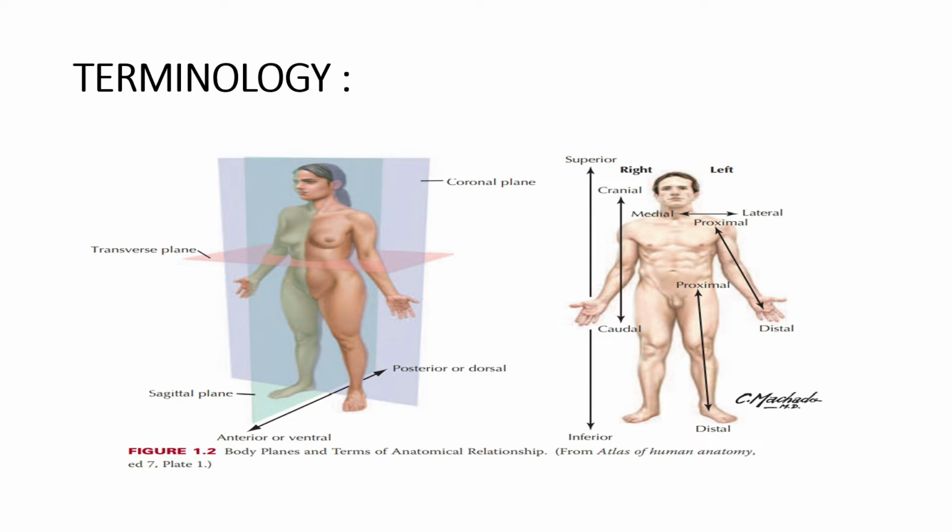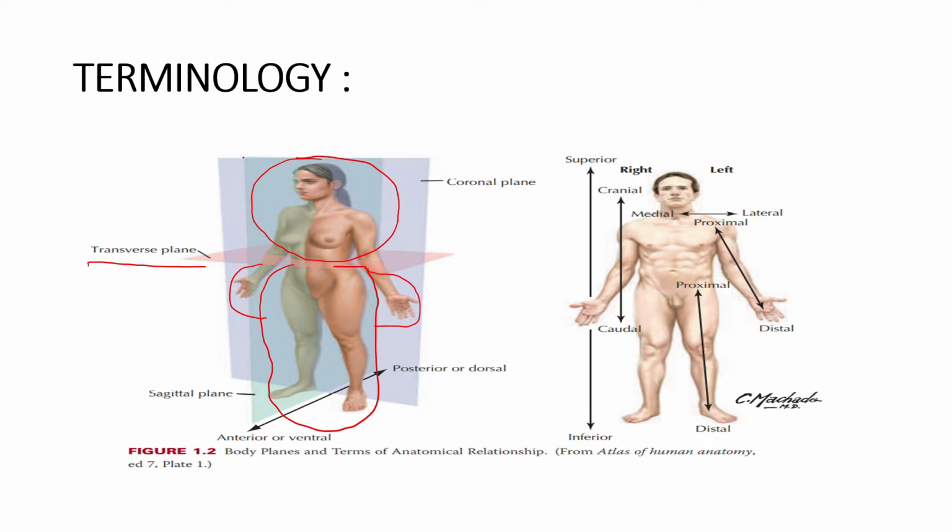Okay, at the first picture we can see here that if the body is divided in two sections or segments, that is one superior section and another inferior section, or upper portion and lower portion, this plane is dividing the body into two separate parts, that is one upper and one lower. That plane will be called transverse plane.